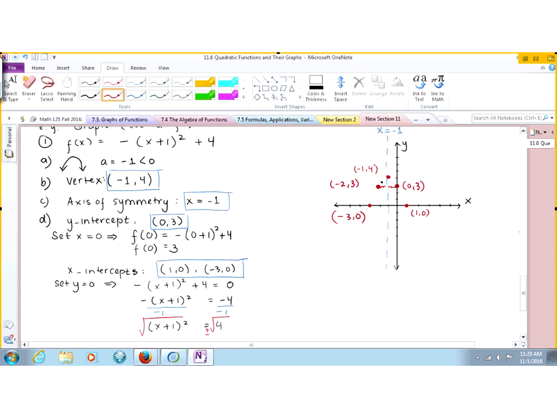This is (negative 2, 3). And how do I get that? By using symmetry. Yeah. Now let's just draw the parabola. Oh, that looks pretty good. So this one is by symmetry.